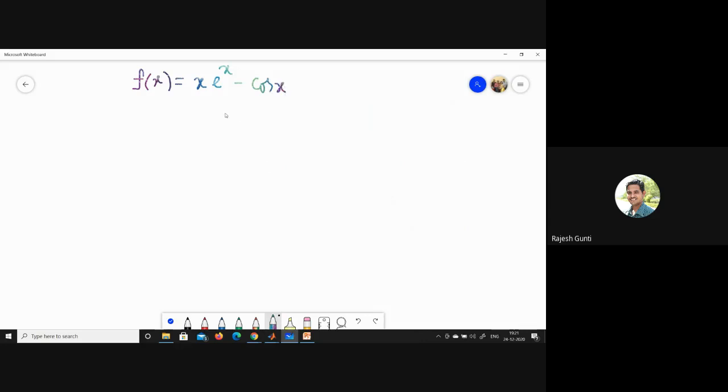What does MATLAB do? The initial value is 3. I have taken a is equal to 3. It takes A is equal to 3, B is also 3.